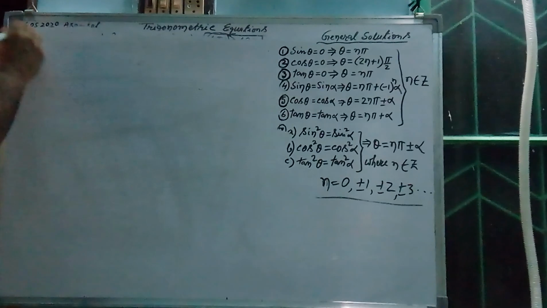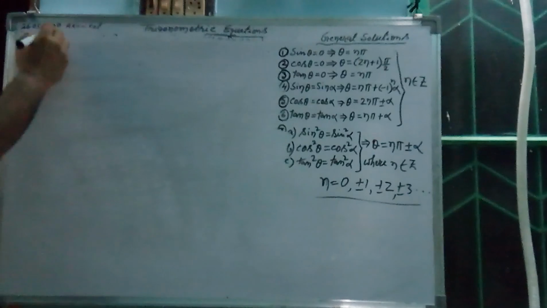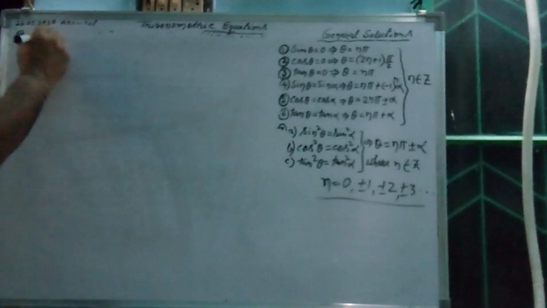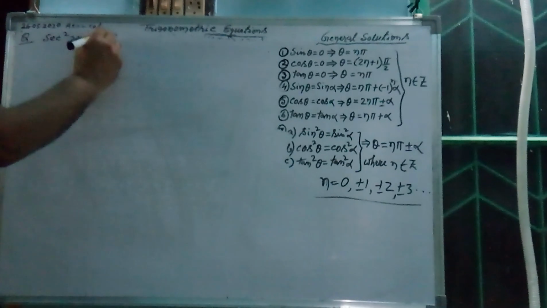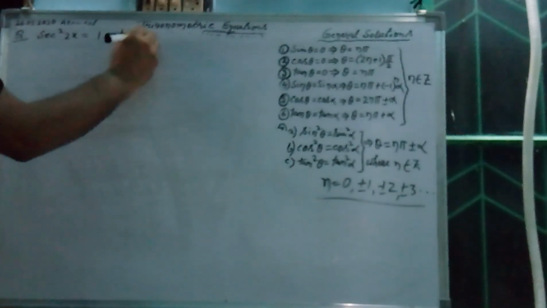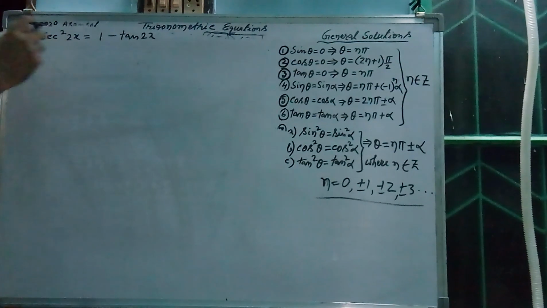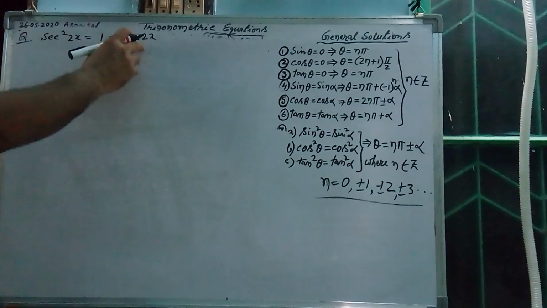Question: given that sec square 2x is equal to 1 minus tan 2x. So we'll change this sec square 2x in terms of tan.